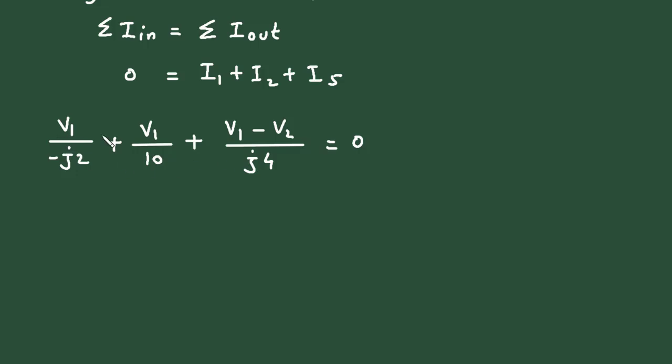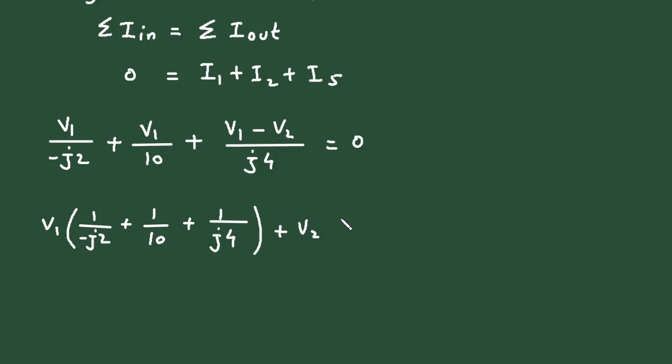Now let's simplify it. Here we can take V1 common. So V1 in bracket 1 upon minus J2 plus 1 upon 10, then plus 1 upon J4, then plus V2 in bracket minus 1 upon J4 is equal to 0.